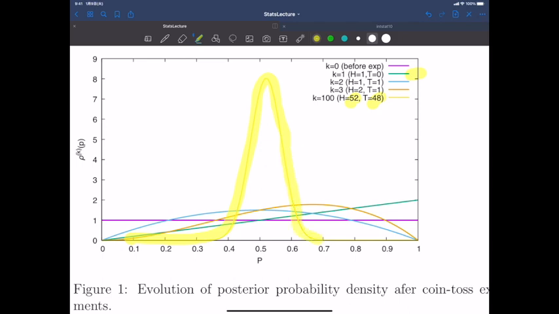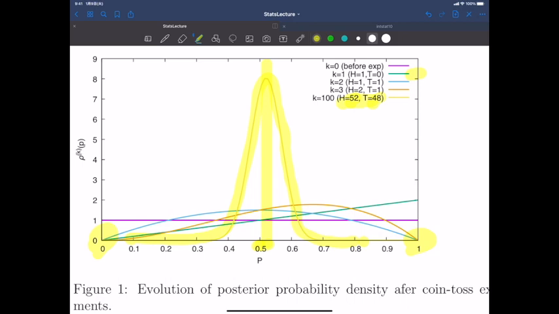It has a sharper peak around 0.5, but a little bit greater than 0.5, and the probability density around 1 or 0 is close to 0. So it is more or less unbiased, but maybe a little bit biased towards heads because of our experimental results.